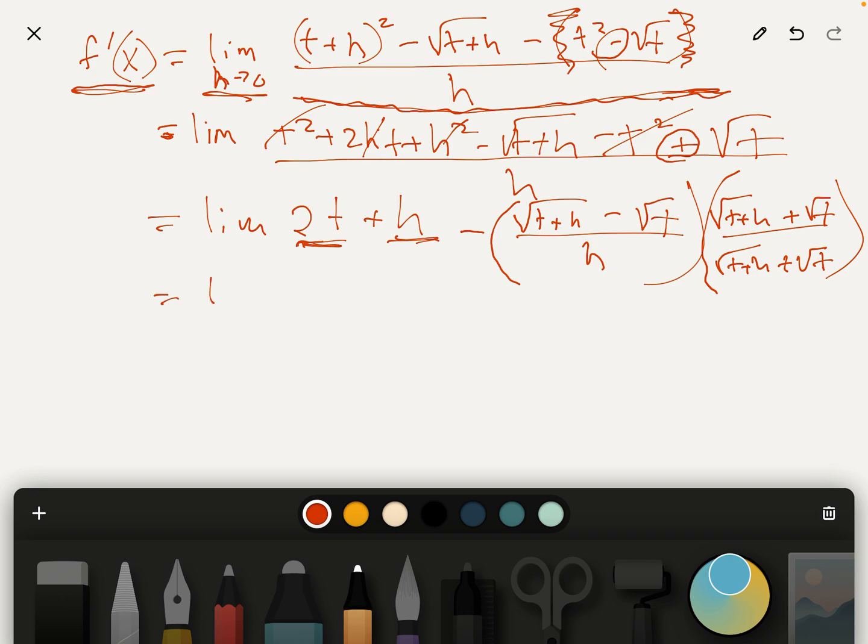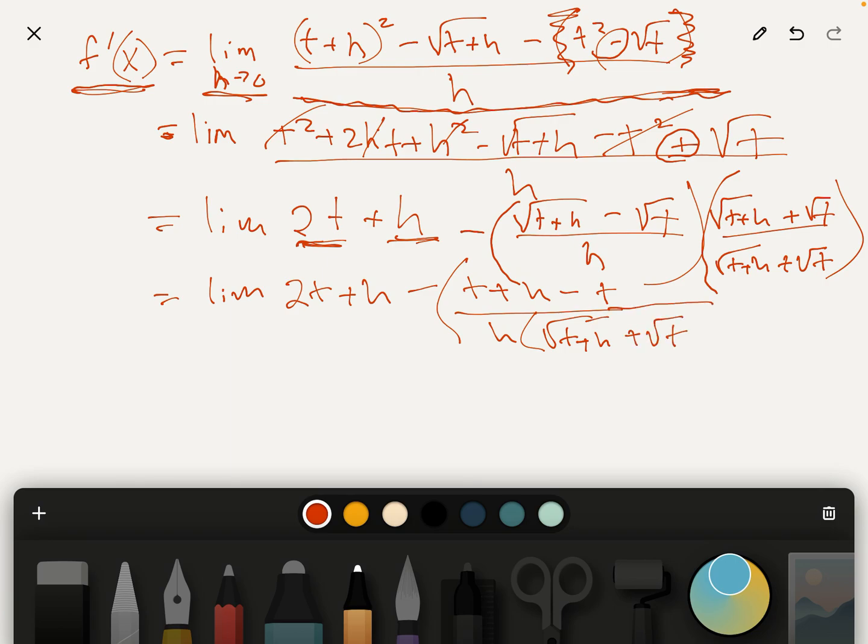So we're going to get the limit of 2t plus h minus the quantity t plus h minus t all over h times the quantity square root of t plus h plus the square root of t. And we can get rid of the t's. We have an h in the numerator and the denominator, so those cancel out.